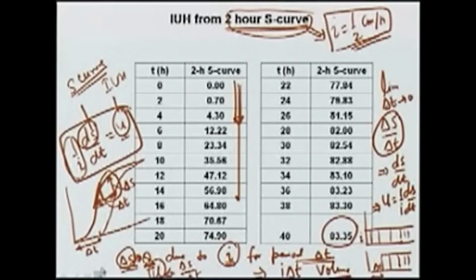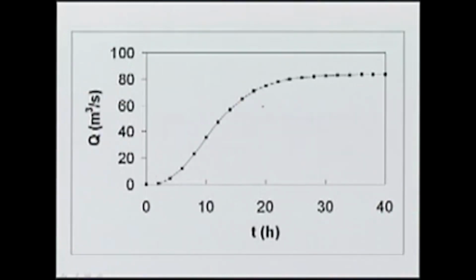So, we can plot this S curve, and as it is shown here, this is the 2-hour S curve. If you look at the slope of this S curve, initially the slope is almost 0, at the end also it is almost 0, because it attains a constant value.